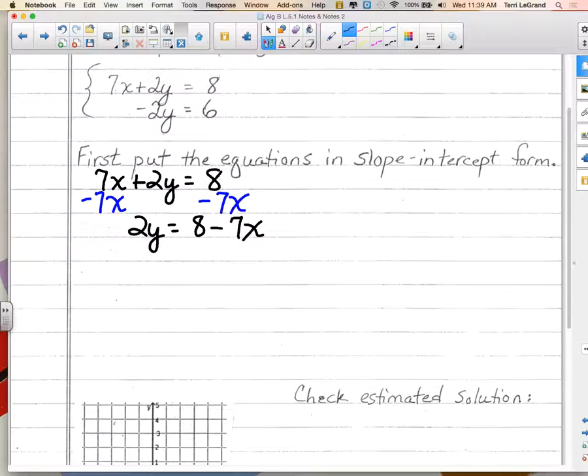Oh, so Claranne is saying, can we write it as negative 7x plus 8? Would we be changing what it means? She's right. We have the option of writing it as 2y equals negative 7x plus 8. So if you wrote it that way, that's okay. It's another way. 8 plus negative 7x.